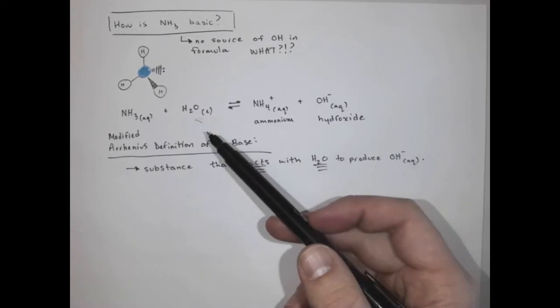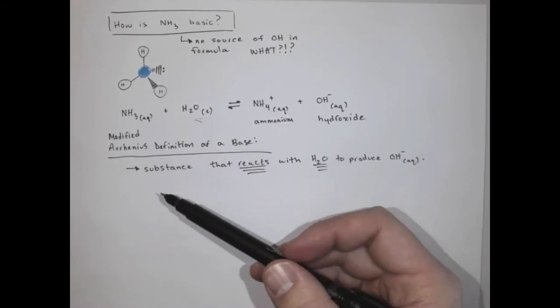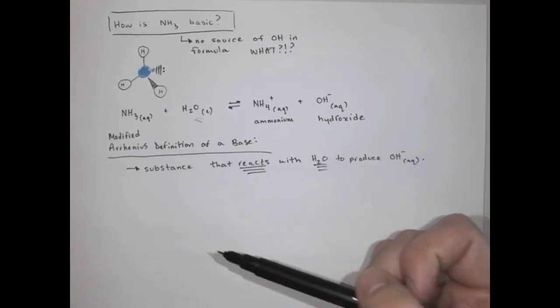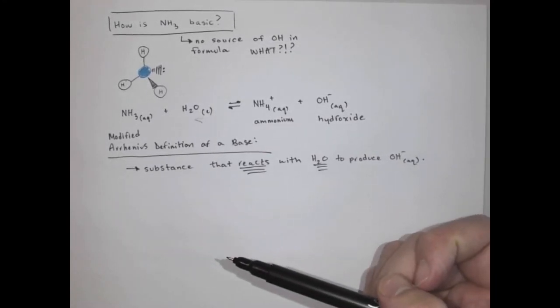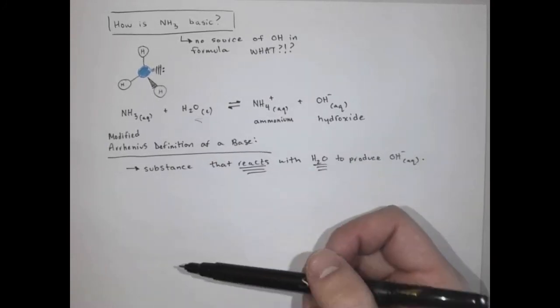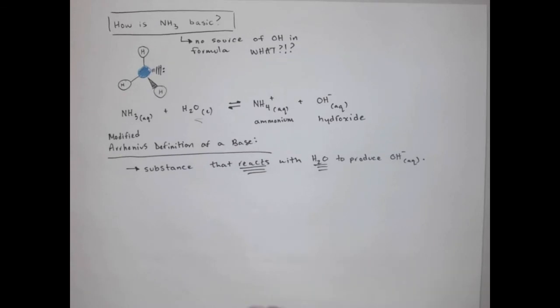Okay, so that's the explanation as to why ammonia is basic, and similar thinking can be used to explain basic properties of other substances that might not necessarily have hydroxide in their formula.